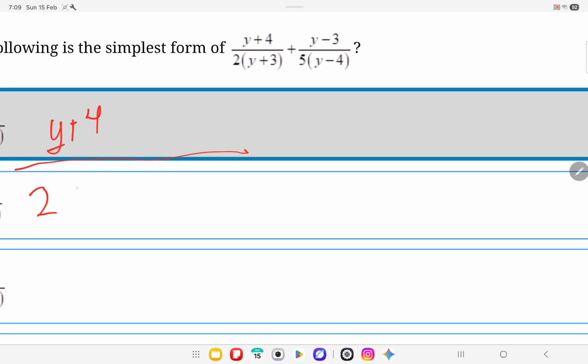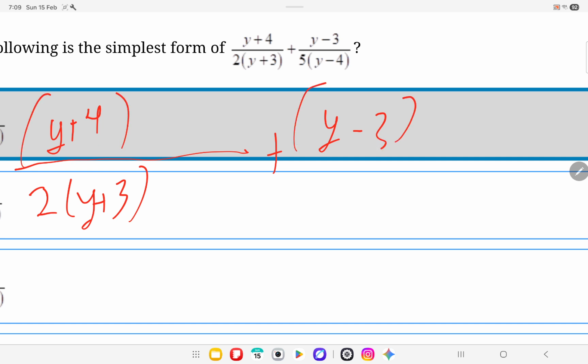Then 2 times y plus 3 plus y minus 3 over 5y minus 4. So what's missing from here that's there? Here we have to find the least common multiple between 2 and 5, which is 10. So how do we make it 2, 10? We do times 5. And then here we can see that there's a y minus 4.